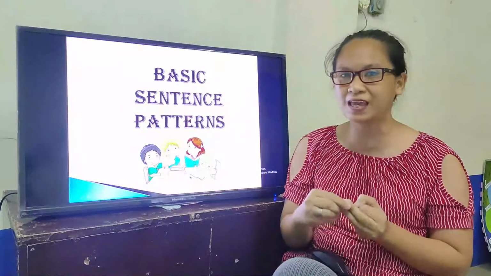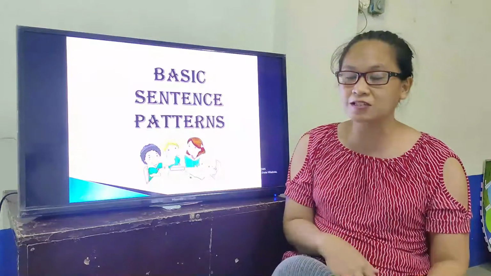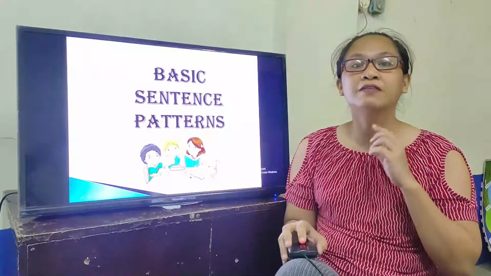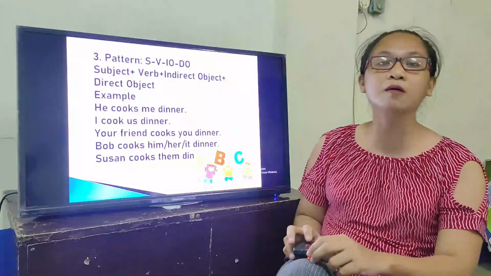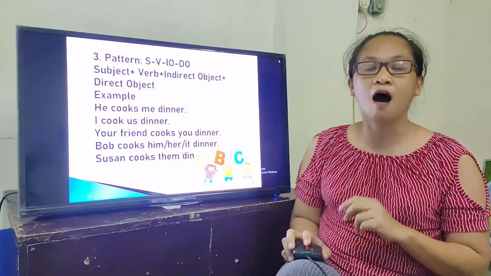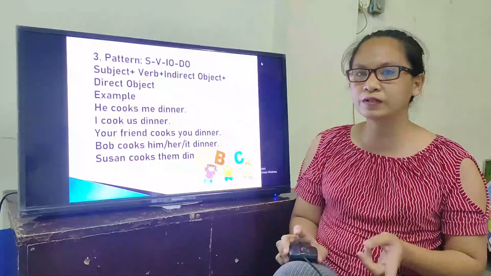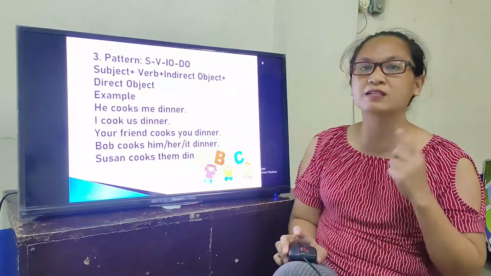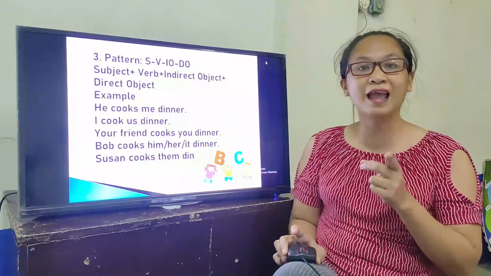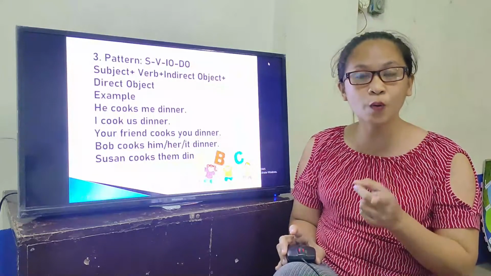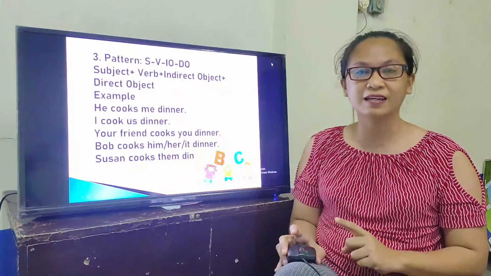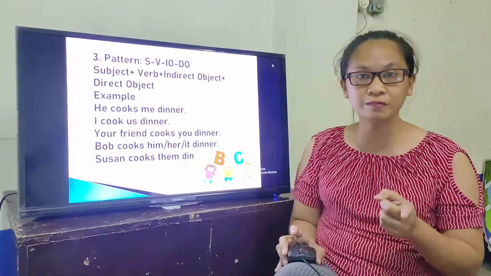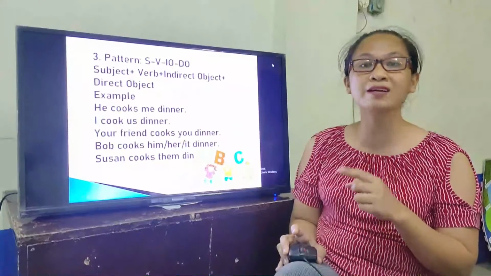We've discussed yesterday the two kinds of object, the direct object and the indirect object. How will you find out if it's a direct object? If it answers the question who or what.